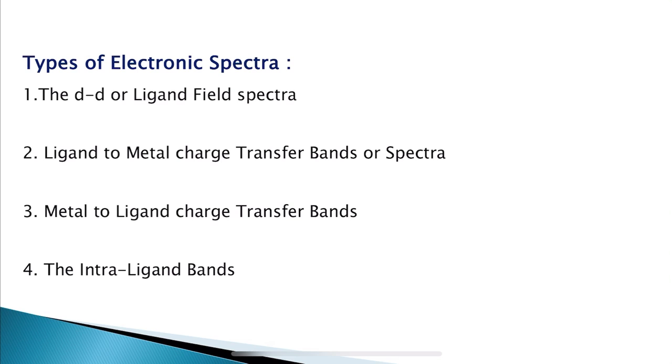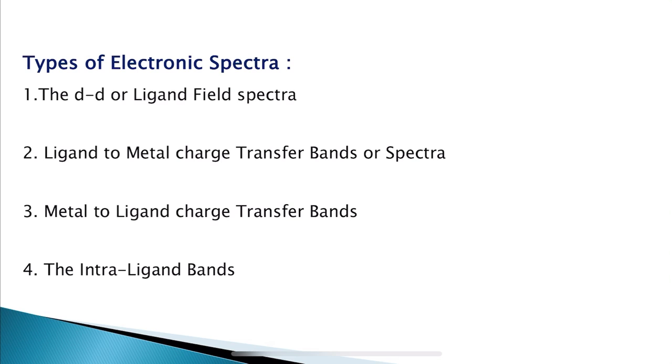The next type is ligand to metal charge transfer bands or spectra. When the electronic transition takes place from a molecular orbital located primarily on the ligand, the electron transition takes place in a very low energy orbital.